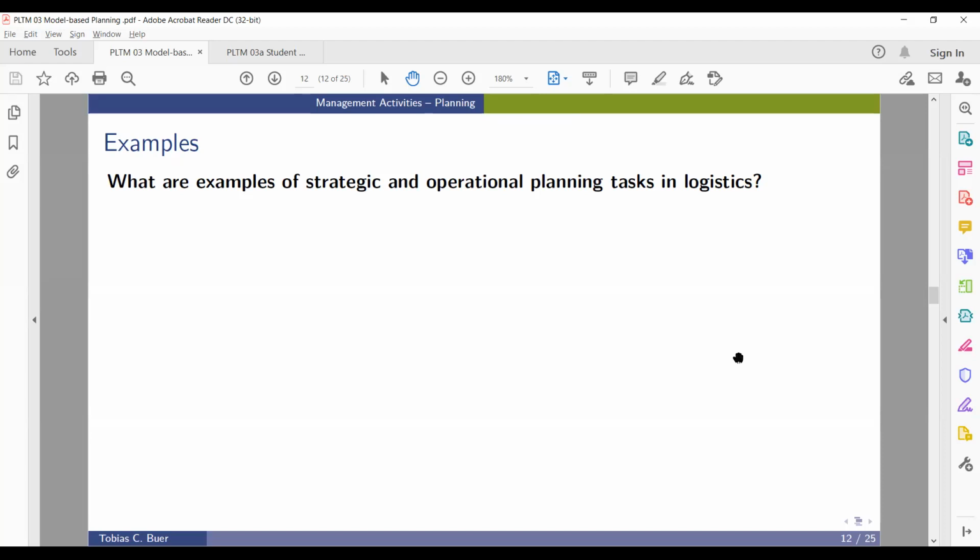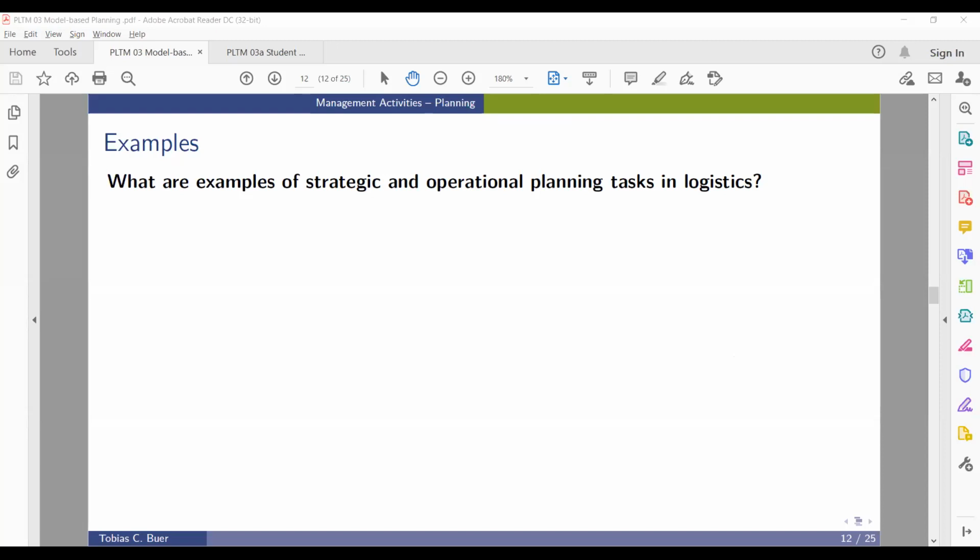Al Scheimer says warehouse location. Yeah. So would this be an operational decision or a strategic decision, deciding about the location of our warehouse? Strategic decision, yes.